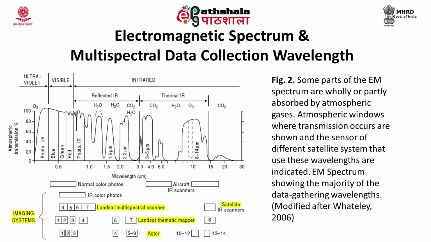And if you go to the far higher side of the infrared, due to the presence of CO2, most of the infrared will get absorbed, and those areas can be used for certain applications. And here, if you look at the normal color photo, what we see generally, that is restricted to the visible band.